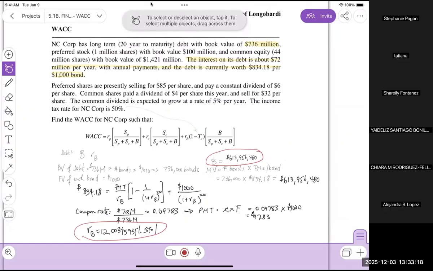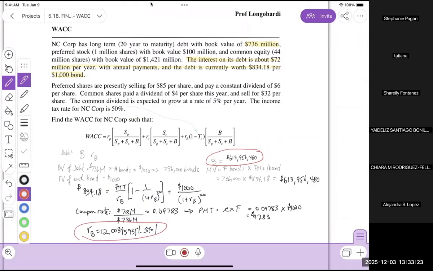So preferred shares, what do they say? We'll use a green highlighter. Okay, preferred shares, 1 million shares with book value of 100 million. And then preferred shares are presently selling for $85 per share and pay a constant dividend of $6 per share.